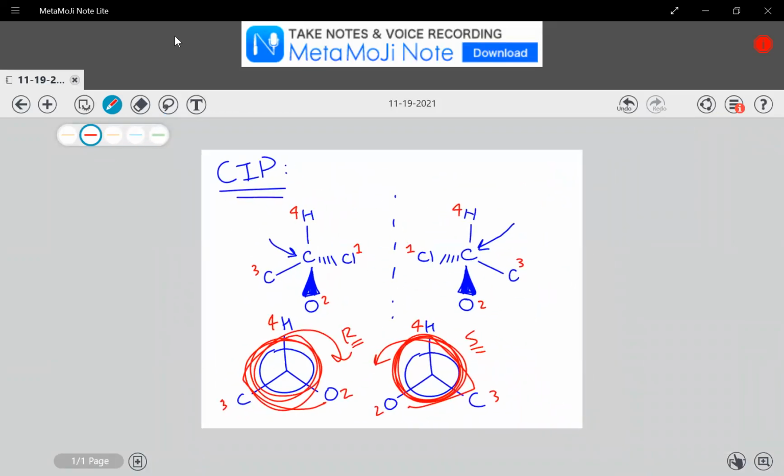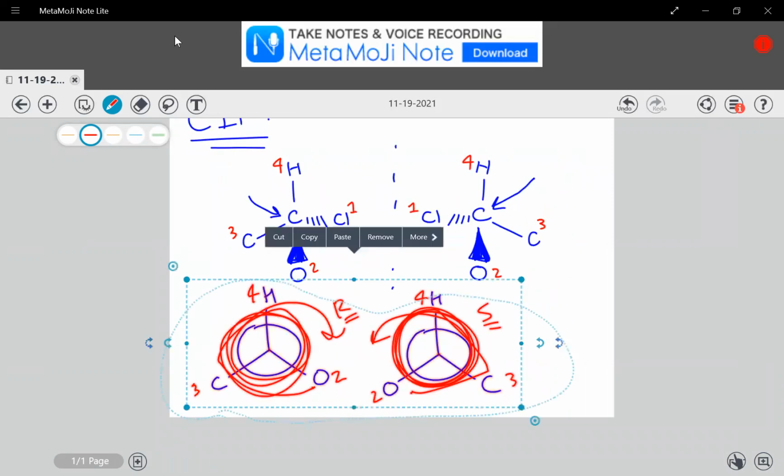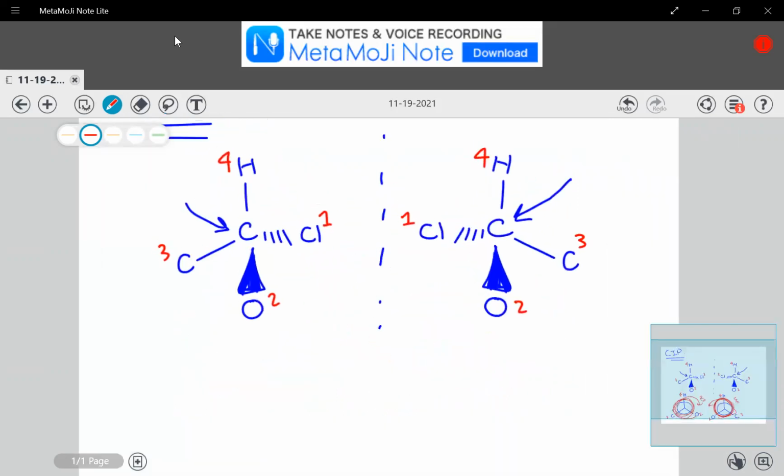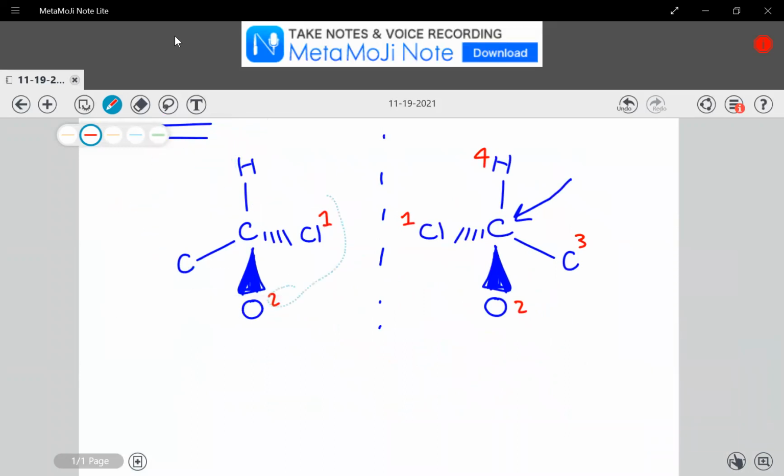Now, what happens if we're attached to multiple atoms that happen to be the same, but the full bits are different?